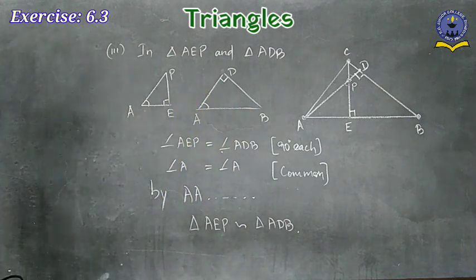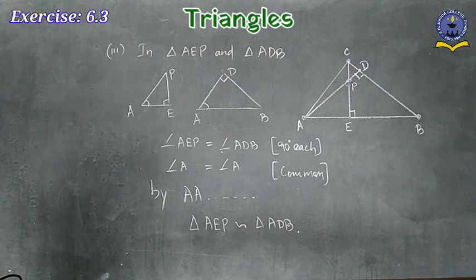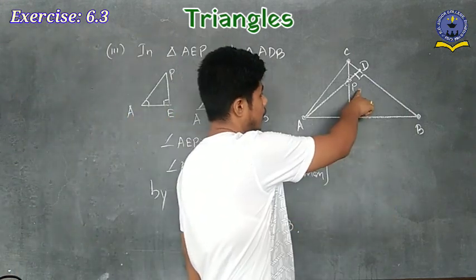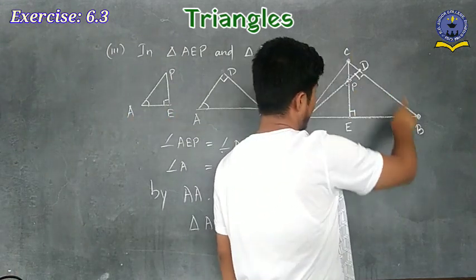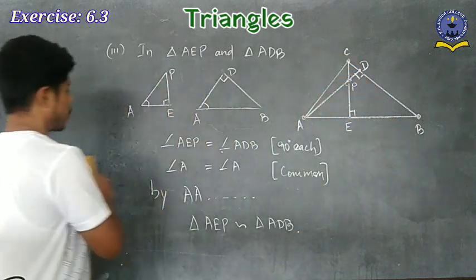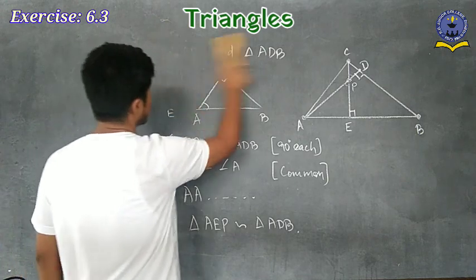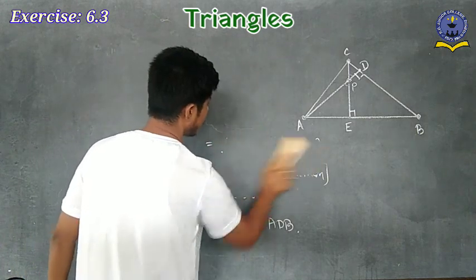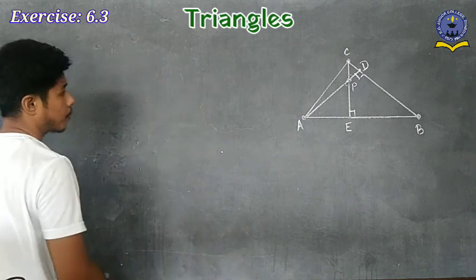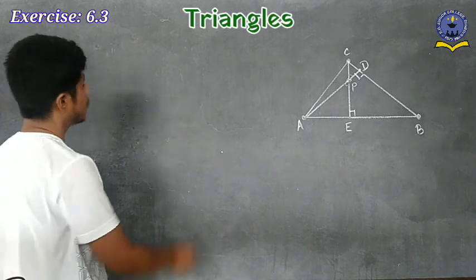Okay. Now the next one is here. The next one is given PDC and BEC. If you see here PDC and BEC, these two triangles we have to take now. So after completing the third one, now the next one, the fourth one, we have to take PDC.